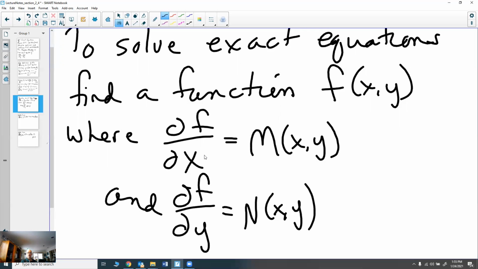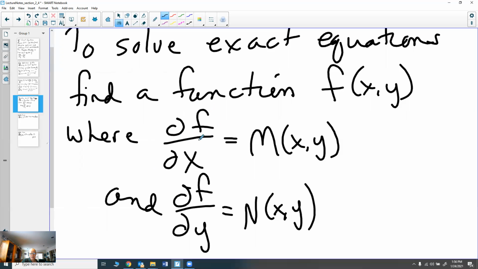But when we're going to solve them, we're actually thinking of finding some function. When I take its partial derivative with respect to x, I get m. And when I take its partial derivative with respect to y, I get n. So ignore what we did before to prove it was exact. You can almost think of it as doing the second derivative.